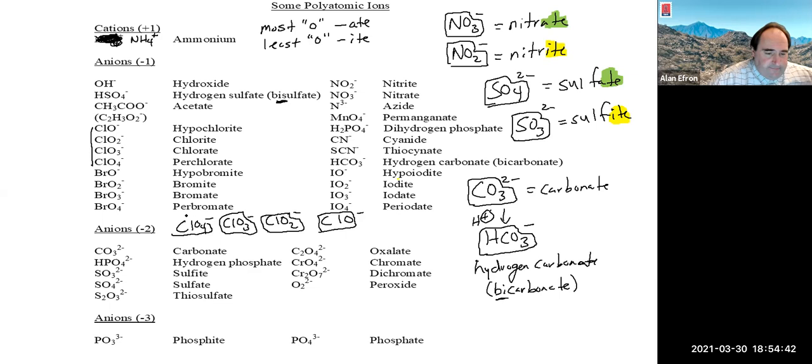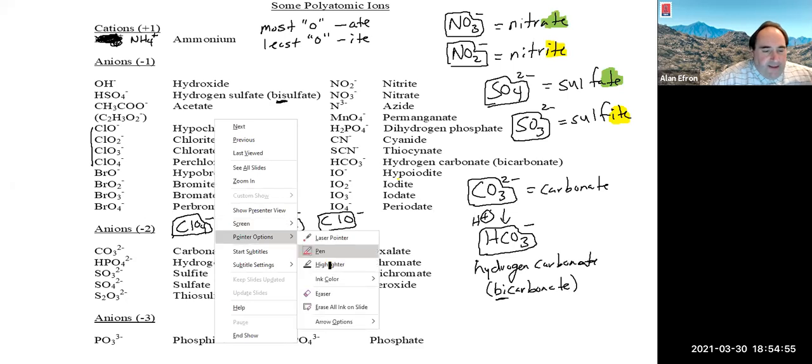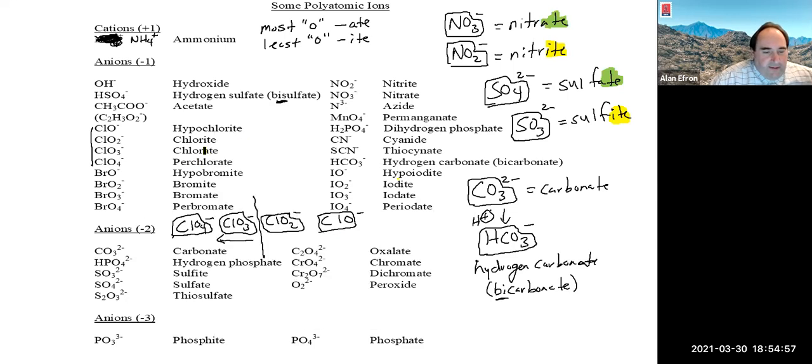If we break this group of 4 up right about there, to the left are guys that have the most oxygen. And if we look at their names here, the one with the second most oxygen ends in ate, and it's known as chlorate. We can't name the guy with the most oxygens the same, so it also ends with ate, but it starts with per. So this ClO4 minus is perchlorate.